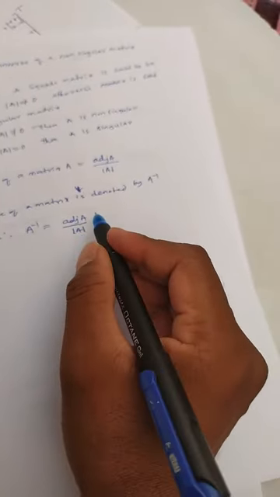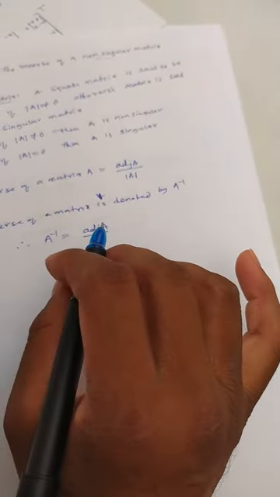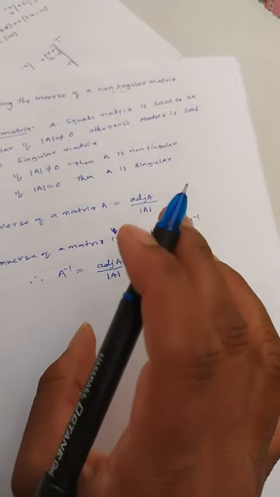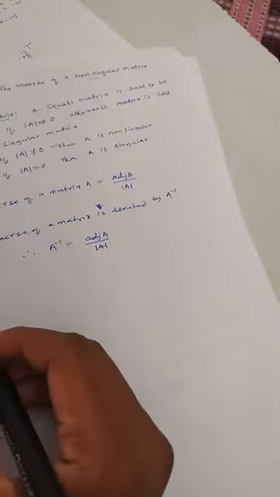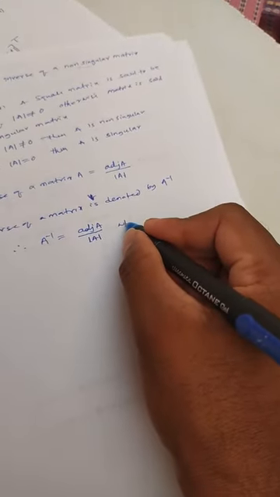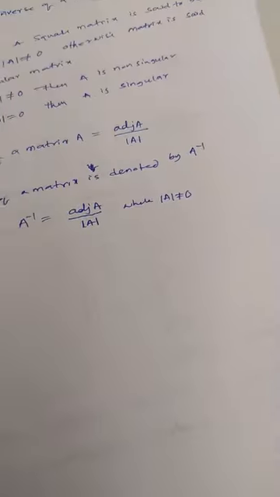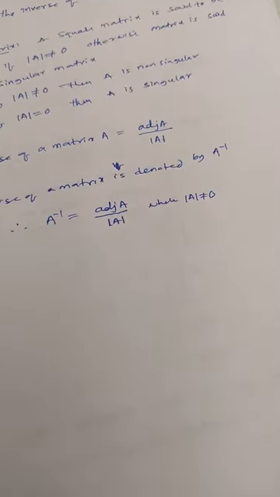The determinant value should not be equal to 0. If it is 0, then the matrix will be a singular matrix. A singular matrix will not have an inverse, only a non-singular matrix has the inverse. So we can find the inverse for only a non-singular matrix.